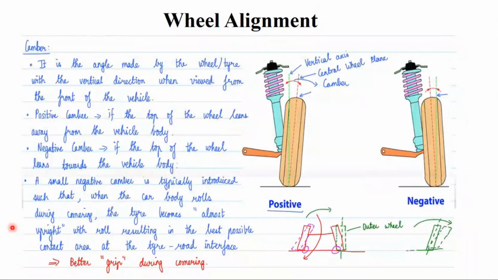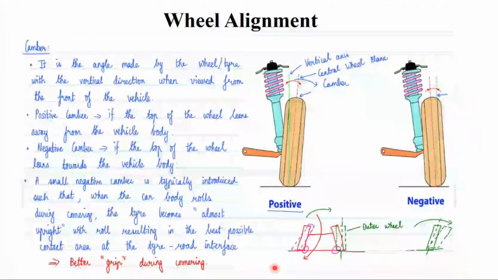First, you have different parameters: caster, camber, and you also have the toe, all these wheel alignment parameters. First, let us see the camber. Camber is the angle made by the wheel and the tire with a vertical direction when viewed from the front of the vehicle.